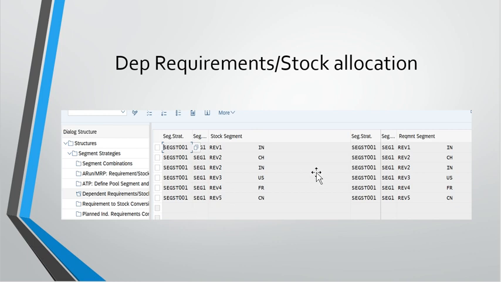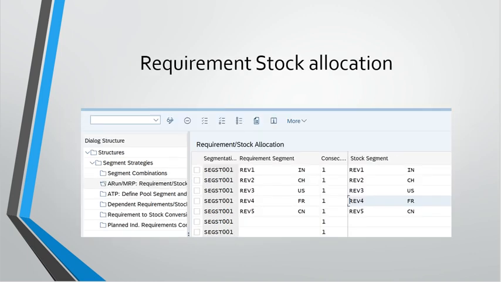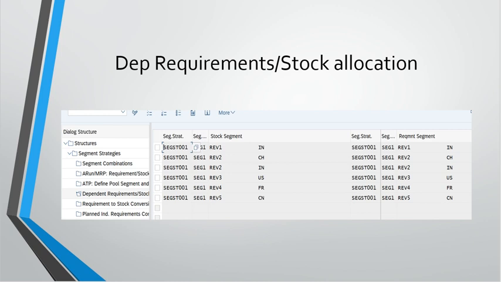Next we'll go to dependent requirement and stock allocation. Here also it will be the same way, because the same mapping will be assigned here, stock segment and requirement segment in the same way we have done earlier.